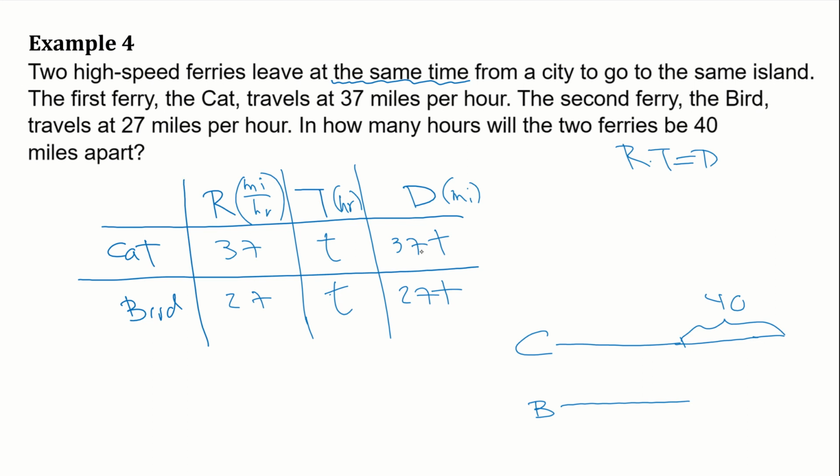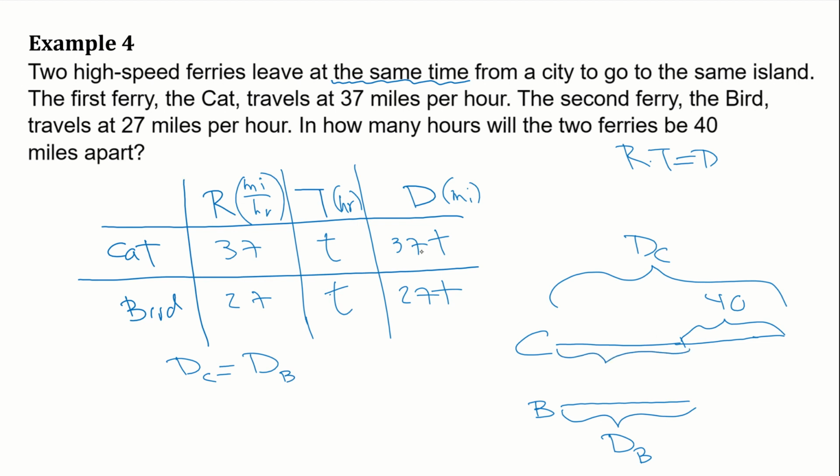We also know that the total distance that Cat has traveled by that time is going to be whatever distance Bird has traveled plus 40, right? So we can put it like this. We can say dC equals whatever dB is, because remember this part here is the same as dB, and then plus 40, right?